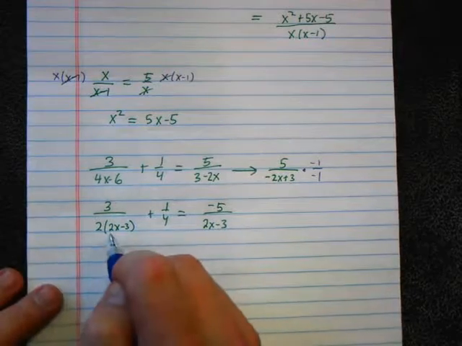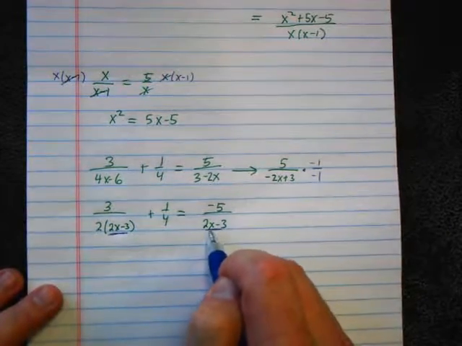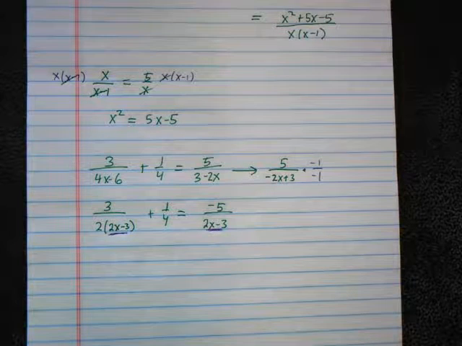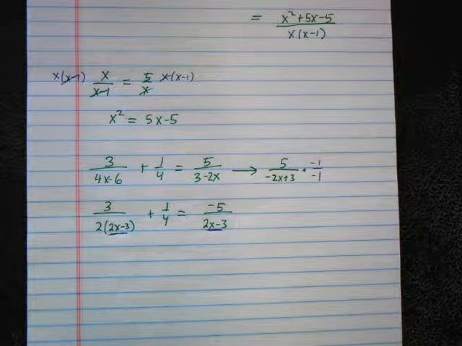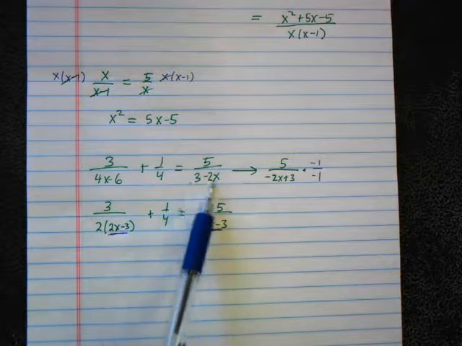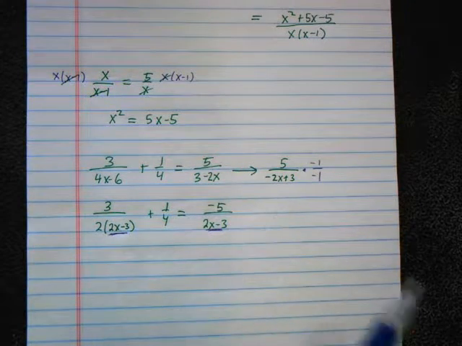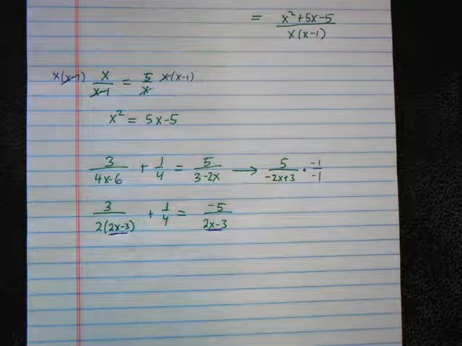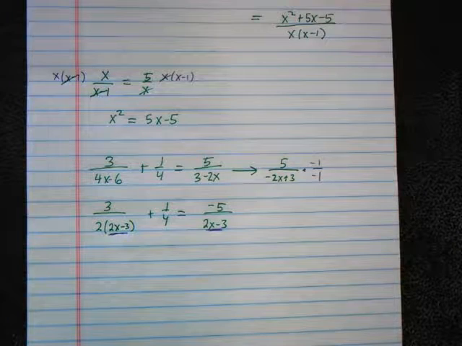Now I notice that this 2x minus 3 matches that 2x minus 3. So if I multiply by 2x minus 3, those will both wipe out. Watch for that. That happens every now and then. Every now and then they write the bottoms backward. To fix them, multiply top and bottom by negative 1 to turn it around and get it the way it should be. All right, so now what's my common denominator?